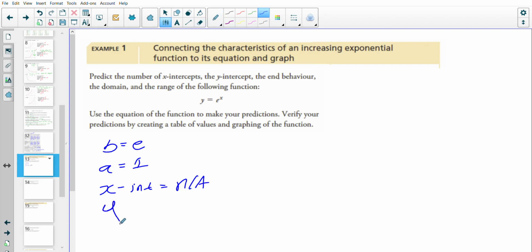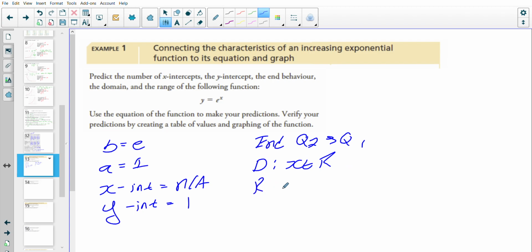Our y-intercept is 1, end behavior is Q2 to Q1, domain is x is any number that's real, and range is y must be greater than 0.